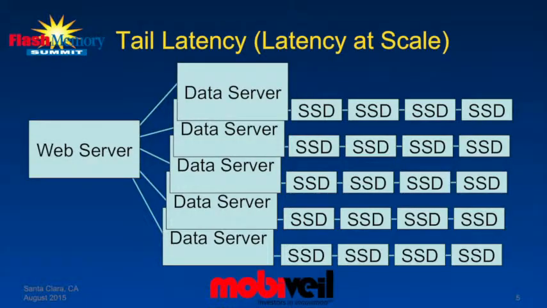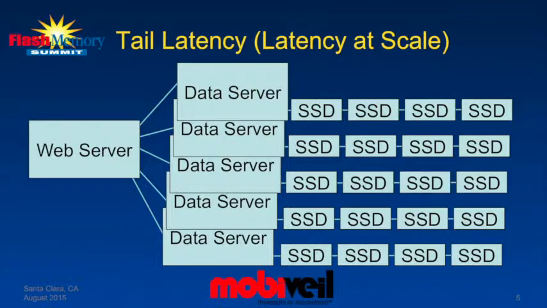Of course, you can't talk about anything that has any latency without talking about tail latency. I'm sure you've heard this a number of times, but it is important for ECC, and especially under certain conditions. To define tail latency really quick, you have a web server. It launches parallel transactions to a bunch of data servers. They might go to other data servers, but sometimes it's just a lot of SSDs.